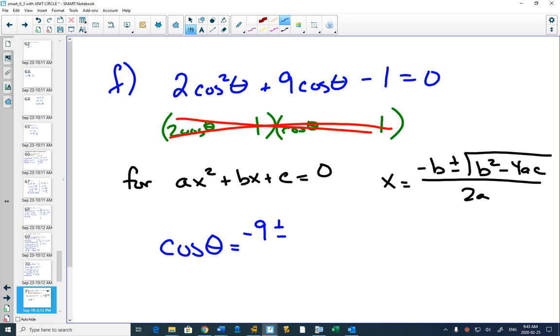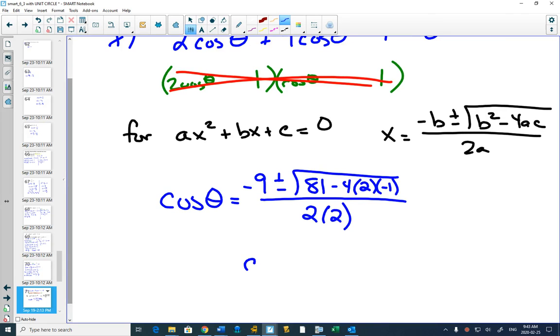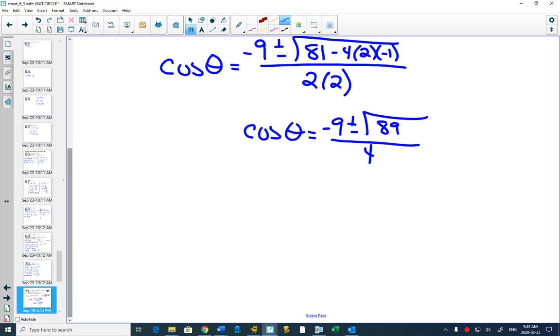negative b plus or minus the square root of b squared, 81, minus 4, a is 2, c is negative 1, divided by 2 times a. And so if I simplify this, I get cos theta is negative 9 plus or minus the square root of 89 over 4, which technically gives us 2 different possibilities.